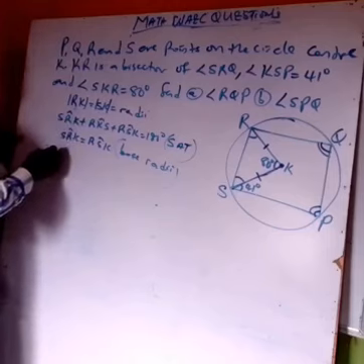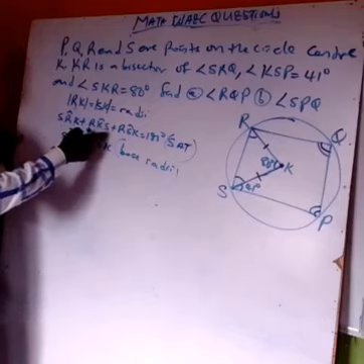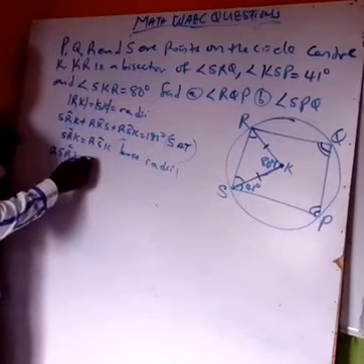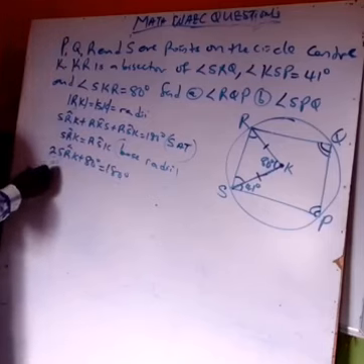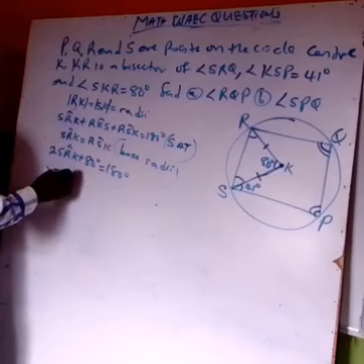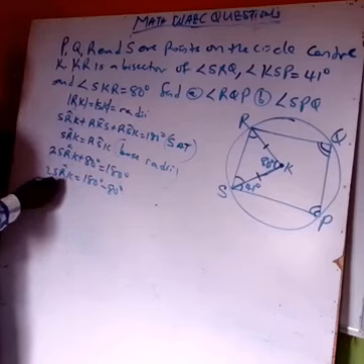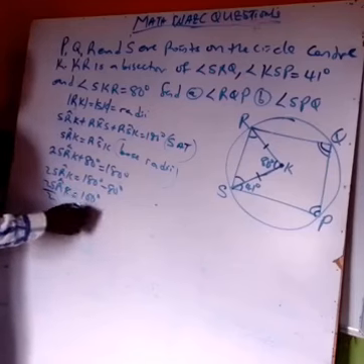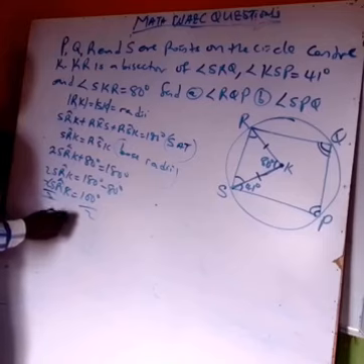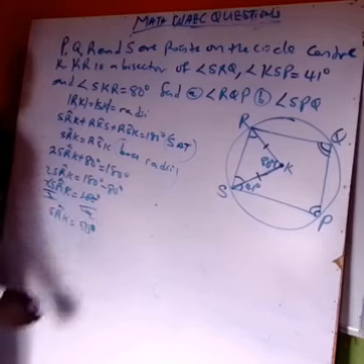So you can simply say that 2 SRK plus RKX, and RKX is 80 degrees, is equal to 180 degrees. So 2 SRK equals 180 degrees minus 80, so 2 SRK equals 100 degrees. If you divide both sides by 2, SRK equals 50 degrees.